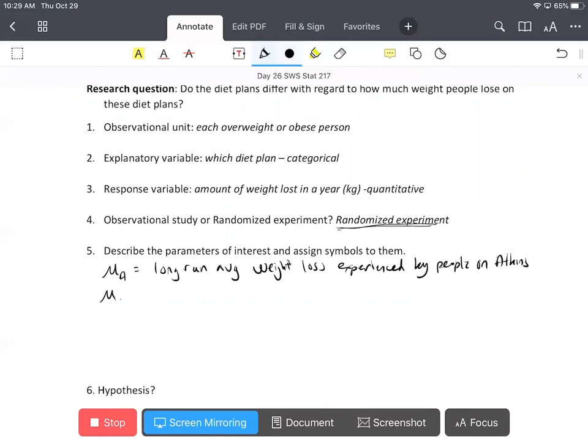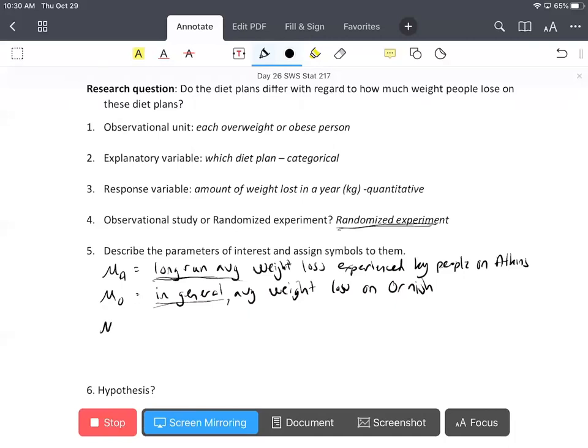Let's do mu sub Ornish. So I would write these all the same, but instead of long run average, another way that we can write them is in general. Either of these is perfectly appropriate. So in general, the average weight loss on Ornish. So long run average or in general, both perfectly acceptable ways to do this.